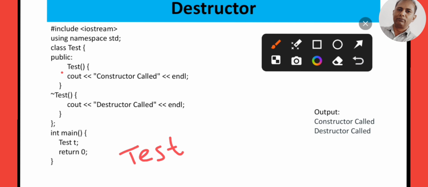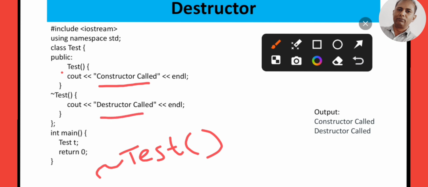So we can call the constructor. Now we want to make the destructor. So how can we make the destructor? We use the tilde symbol before the name of the class, then we can write it like this. So whenever we make the object, the constructor will be called, and when we are destroying the object, then this destructor will be called.